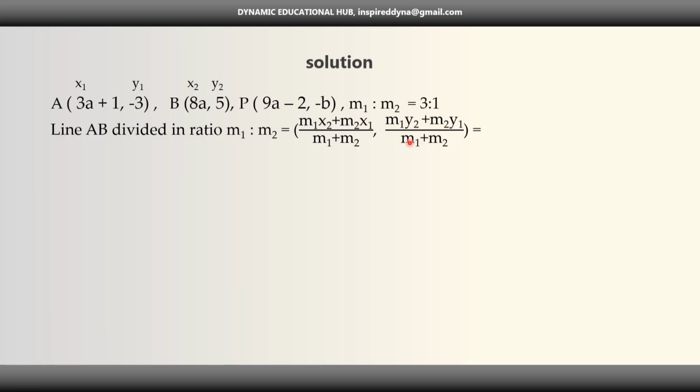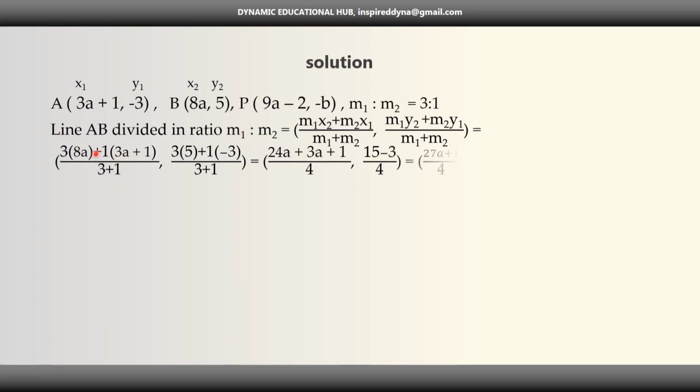Let's go ahead. Now the first one is m1 x2. Your m1 is 3, x2 is 8a, 3 multiplied by 8a, plus you have your 1. What is 1? That is m2. Plus, you have your 3a plus 1, 3a plus 1 is x1 here, divided by 3 plus 1, which is the ratio.